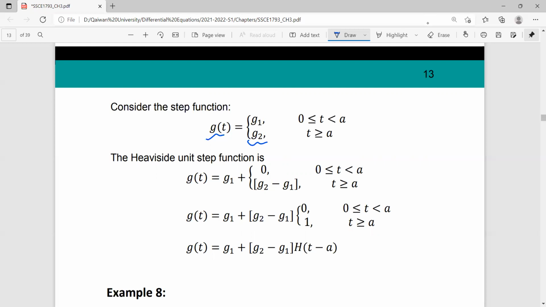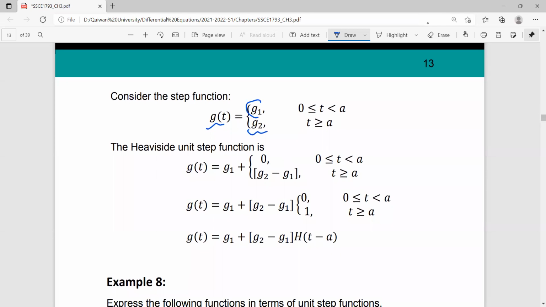To convert this to a unit step function, we say it equals g1 plus g2 minus g1 times h of t minus a. This is if we have only two functions in the piecewise function.